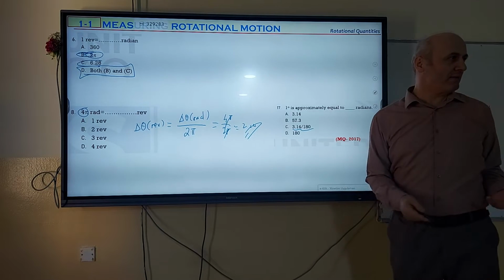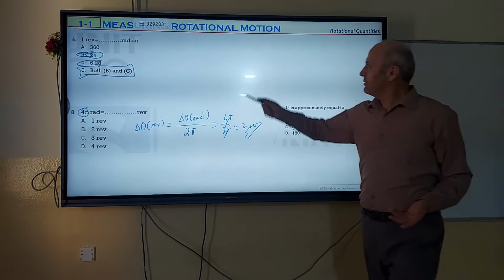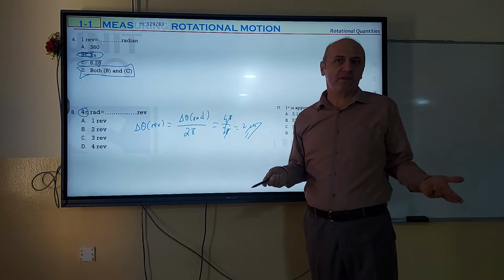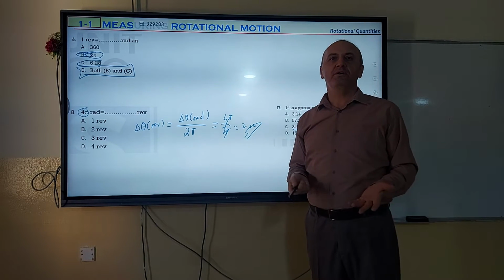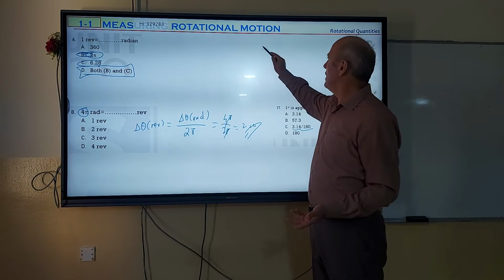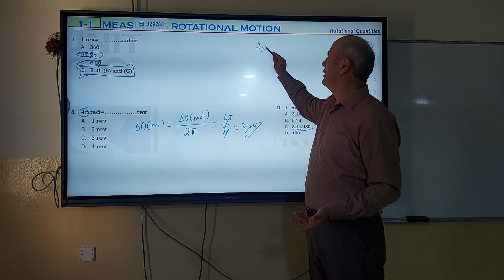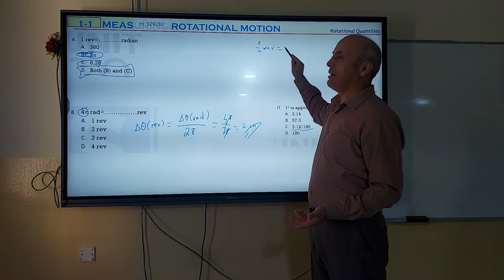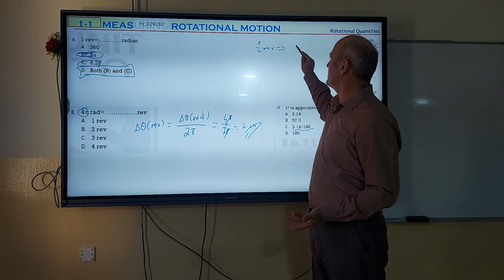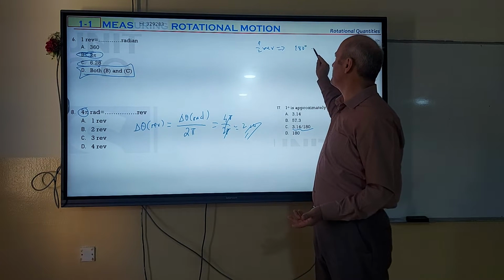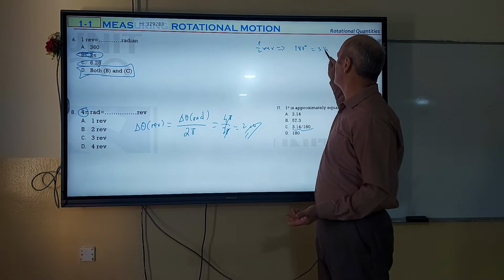So how can we get it? I can use any of the definitions. Half circle, half revolution. How many degrees? 180. How many radians? 3.14 radians.